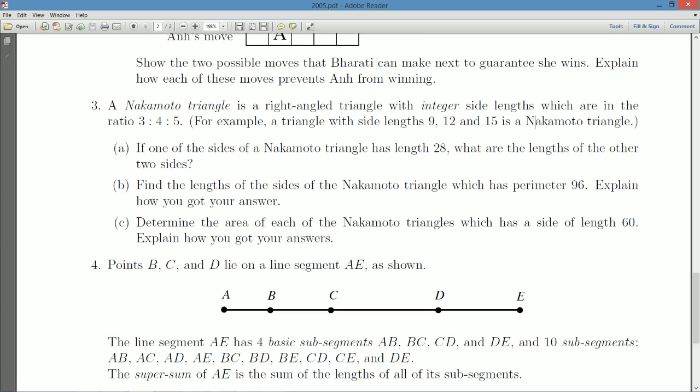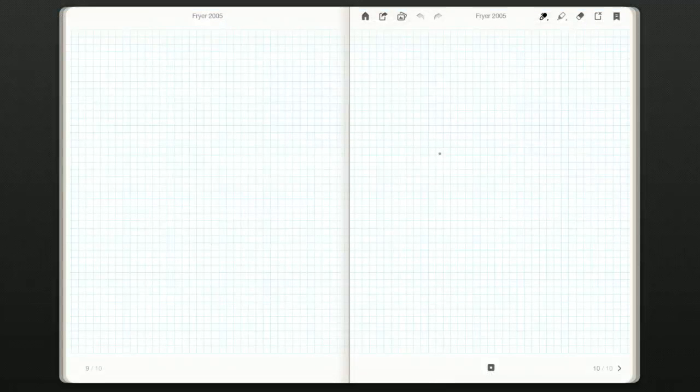Okay. Remembering we have integer side lengths, so this needs to be 3 times something, 4 times something, or 5 times something. So we can take a look.